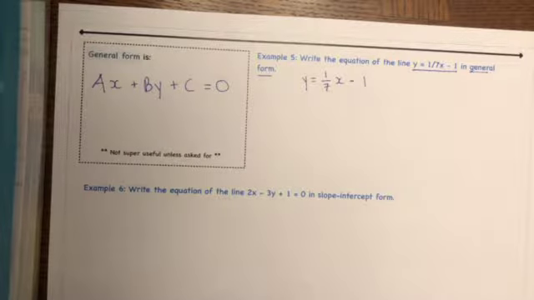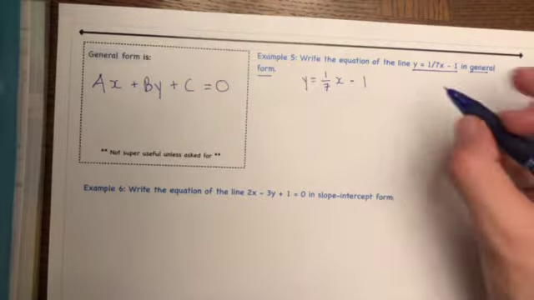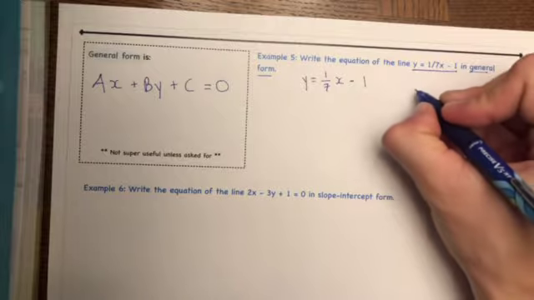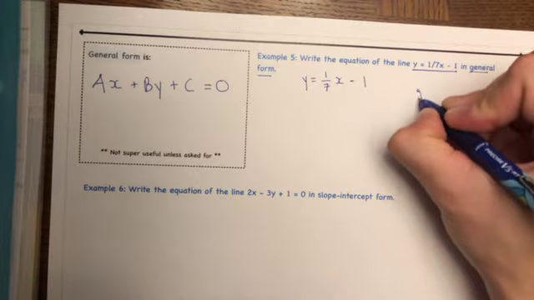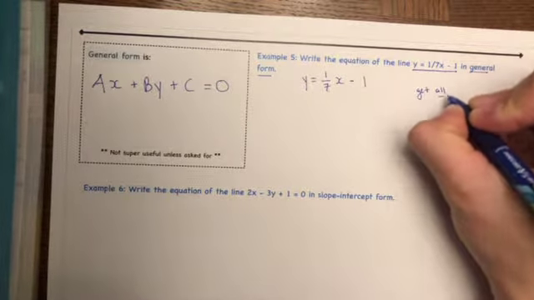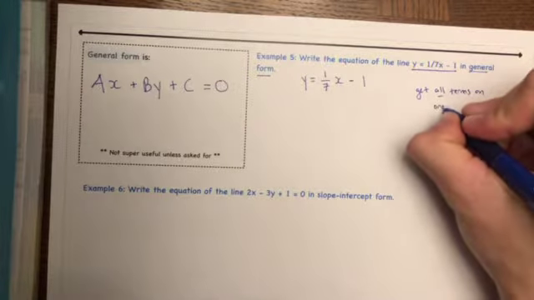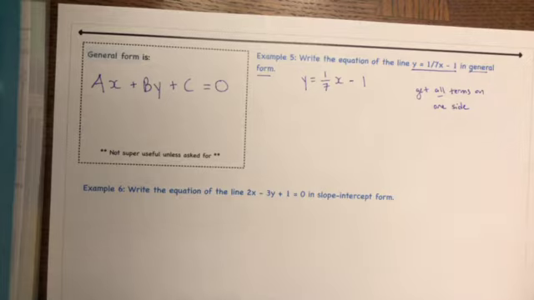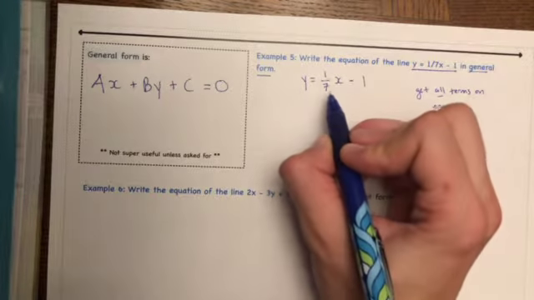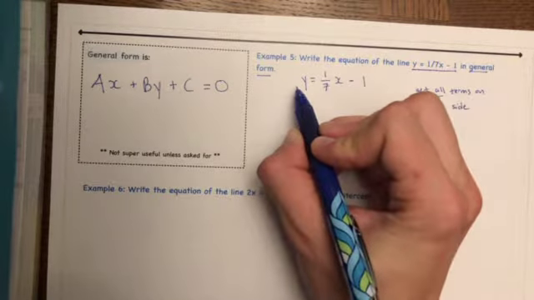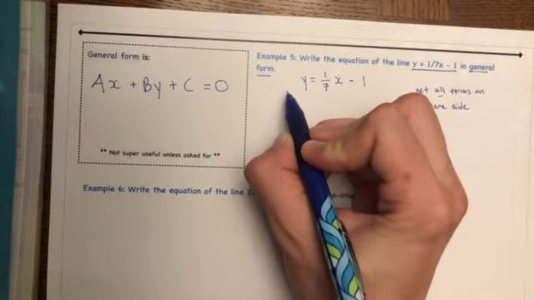And the first thing we're going to want to do is, we kind of have 3 goals here. Our first goal is to get all of our terms on one side. And so to do that, I'm going to bring x over to this side and 1 over to this side.